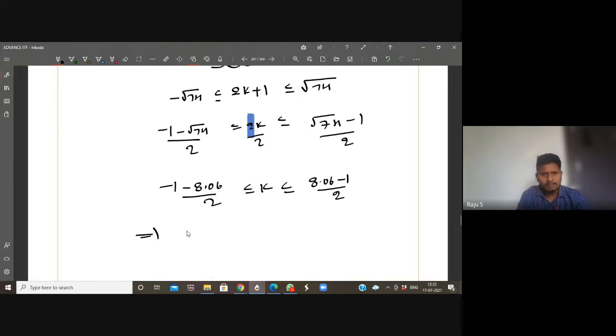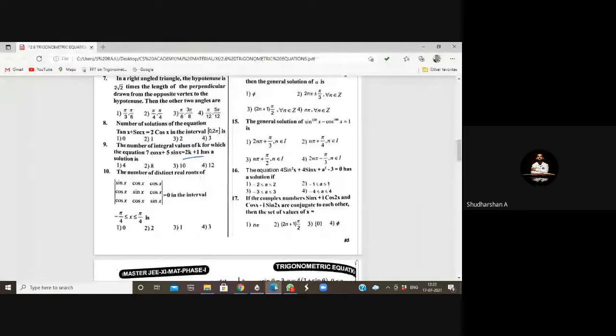That value is 4.62 something, minus, less than or equal to k, less than or equal to 7.06 by 2. Yes, 3 point something. Okay, 3 point something we will get. Am I right?